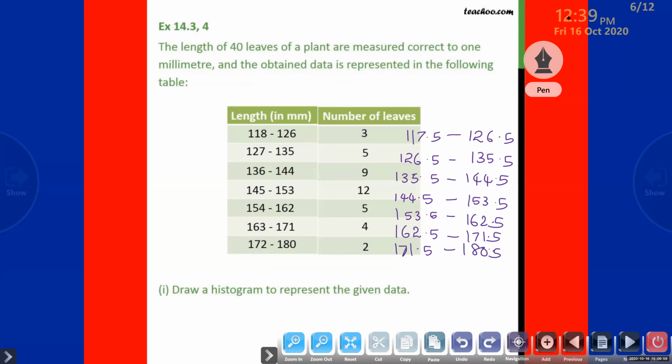Okay, children. So you have to make this data again as continuous. Draw the table again after making continuous, and I'll give the notes to you. I'll give the notes. Okay, children, after writing, you tell me. And under that, you should draw the graph.